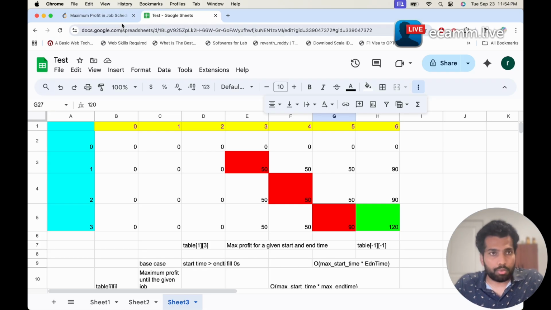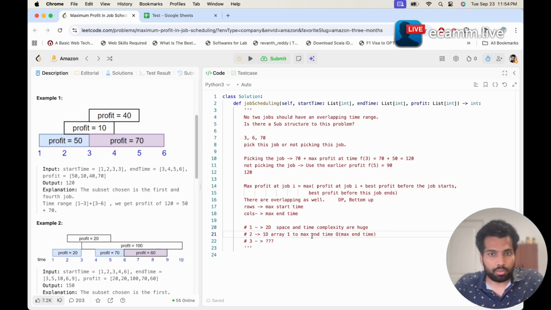In the second approach, we reduced that to a 1D array of all the maximum end times, and still it was all about having the maximum profit at each endpoint. We found that space complexity is a major issue in both, and time complexity as well in the first one, because it is almost O of n squared.